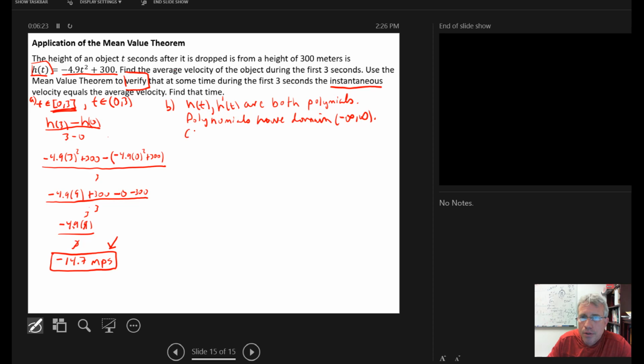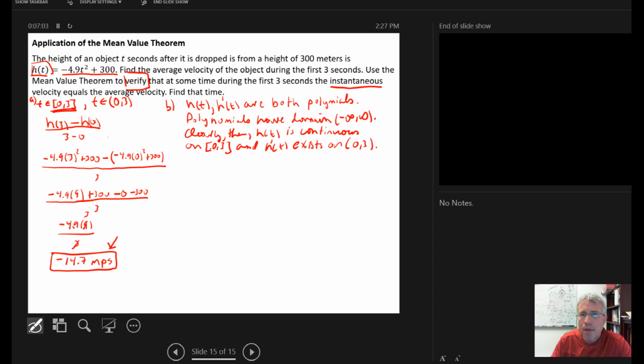So clearly, then, h of t is continuous on the closed interval from 0 to 3, and that's because it's a subset of the domain of h of t, and h prime of t exists on the open interval from 0 to 3, which is clearly a subset of the domain negative infinity to infinity of the polynomial that's going to be the derivative of h.